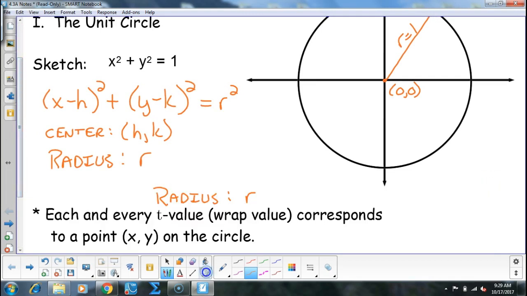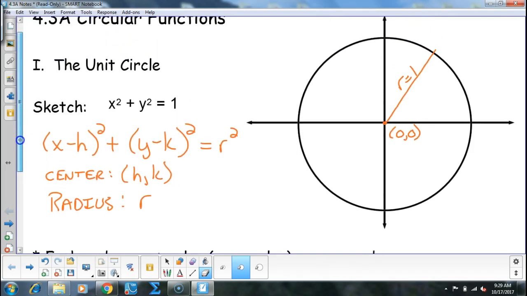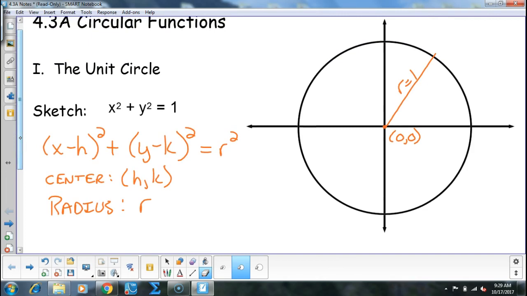Okay? See, there it is. Got to get rid of it now. Okay? So each and every t value or RAP value corresponds to a point that's on that circle. What I mean by that is this. I'm going to draw in a new axis.